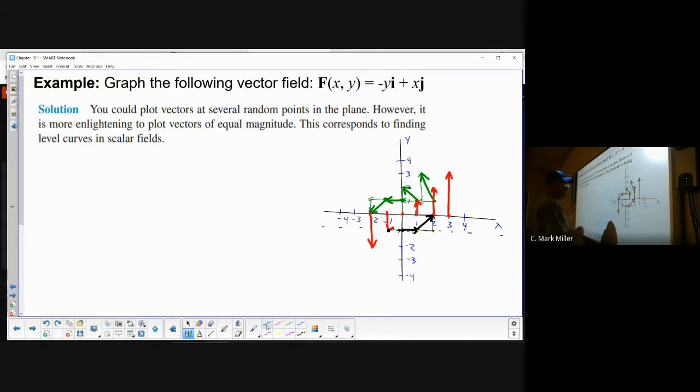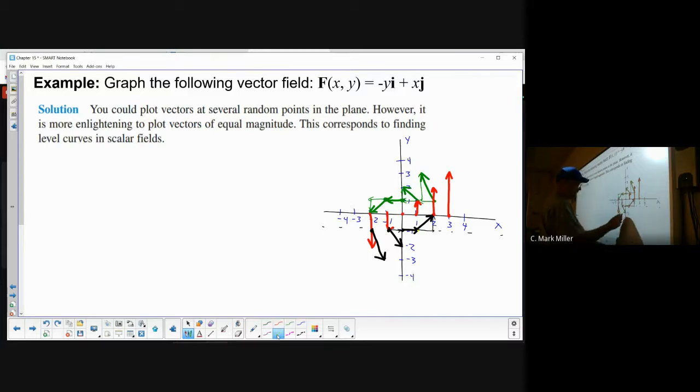And then x at that point is a -1, so that's going to go down. So the net vector is going to be like this. You can pretty much see that the next one here is going to be 1 over and down 2, like that. It's going to be a mirror of those green ones.